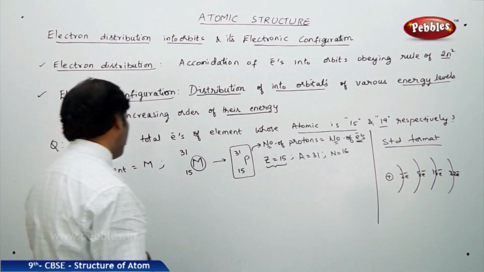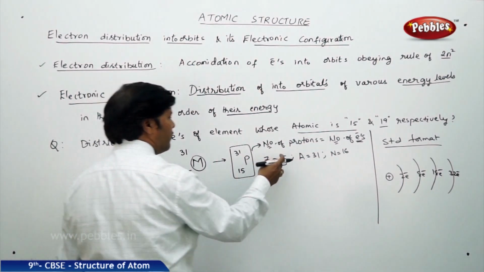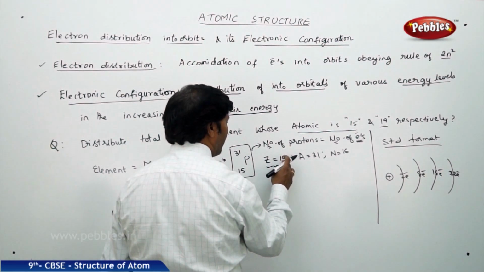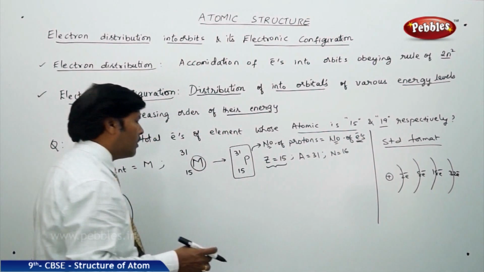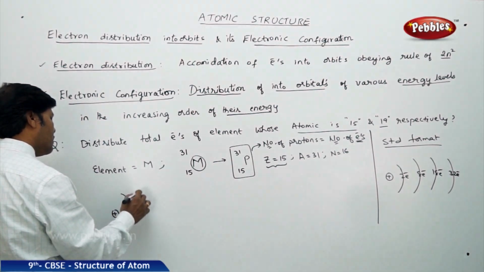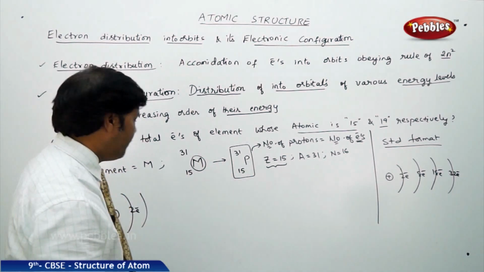Right now, because phosphorus contains 15 electrons, as the atomic number is 15 and the number of protons is 15, the number of electrons is also 15. So in the first shell, let us take 2 electrons. Out of 15 electrons, we have filled only 2.